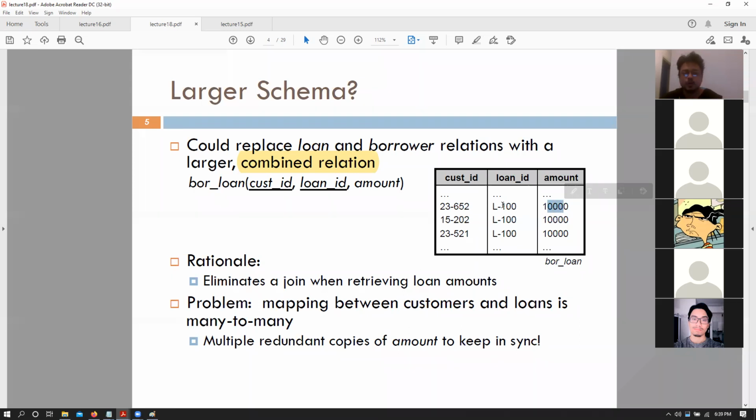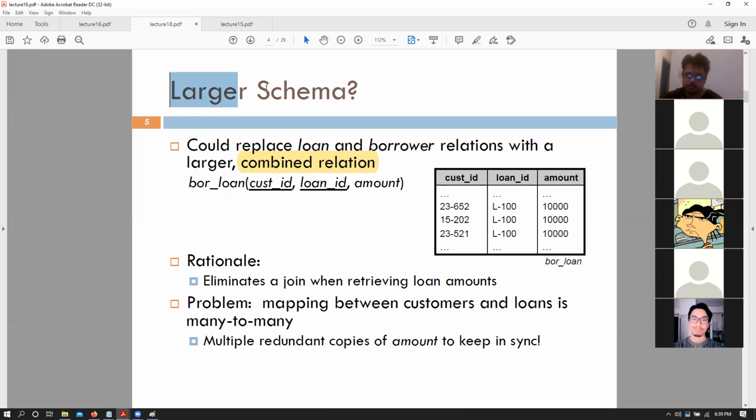And let's say that we are going to use this join operator again and again. So one user decided, you know what, I'm going to create my own table called borrowed loan that has customer ID and loan ID as primary keys and the amount as well, so that I can just look up the amount given a customer ID and loan ID.